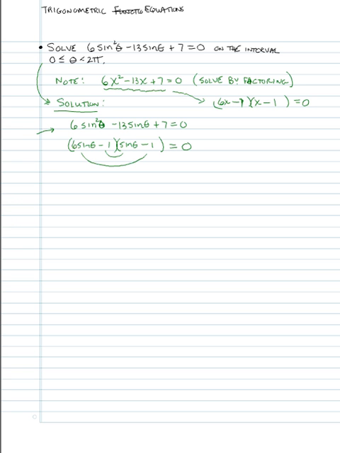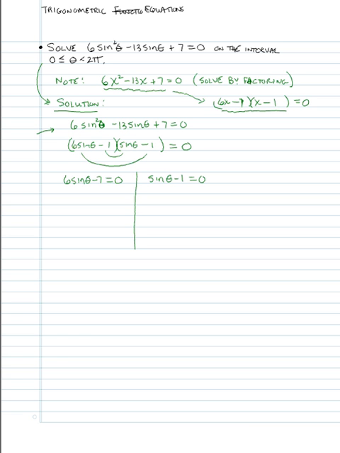Just like we would do in this case, we would set each factor to 0. Here, the two factors are 6 sine theta minus 7 and sine theta minus 1. So we take 6 sine of theta minus 7 and set it equal to 0, and we also take sine of theta minus 1 and set it equal to 0. Now over here on the right, let's deal with this one right away.